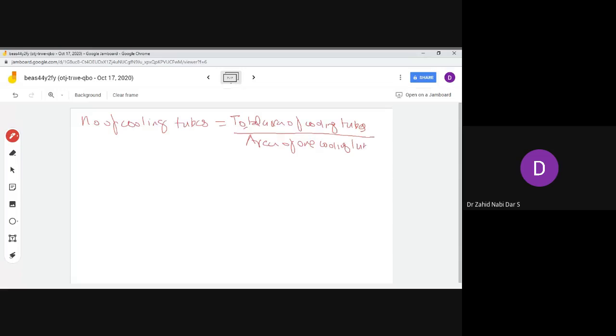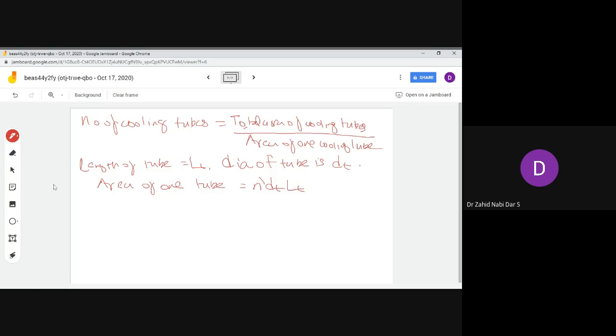Area of one cooling tube you know how to calculate. If length of tube is lt and dia of tube is dt, then the area of one tube would be equal to pi dt lt.